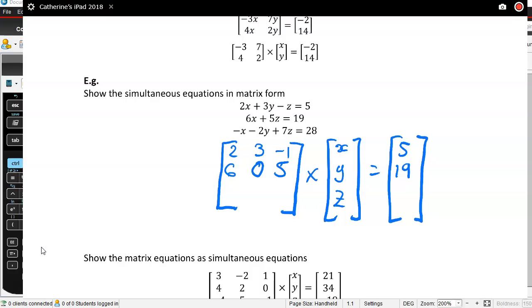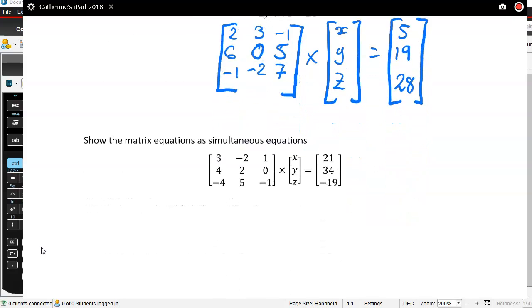So negative x is negative 1, negative 2y is negative 2, positive 7z is 7. So negative 1 times x plus negative 2 times y plus 7 times z gives you 28.